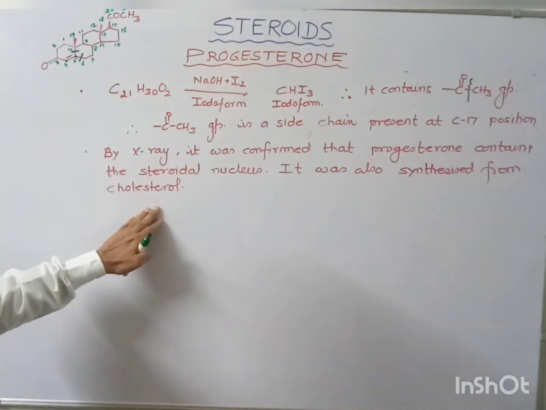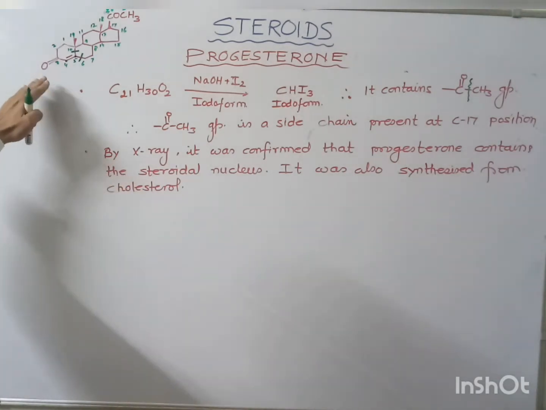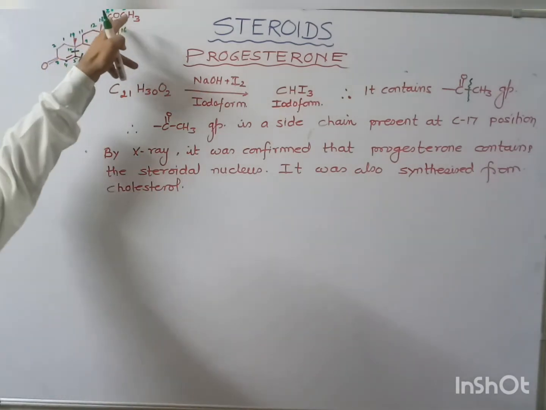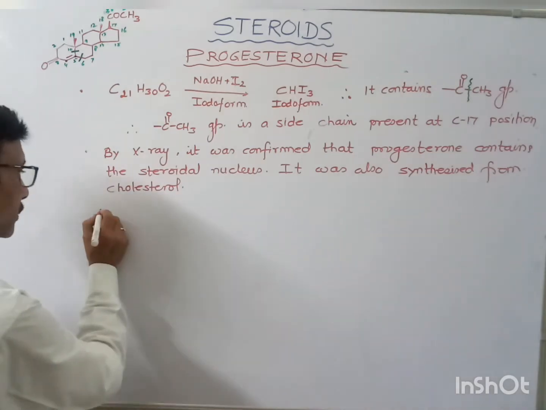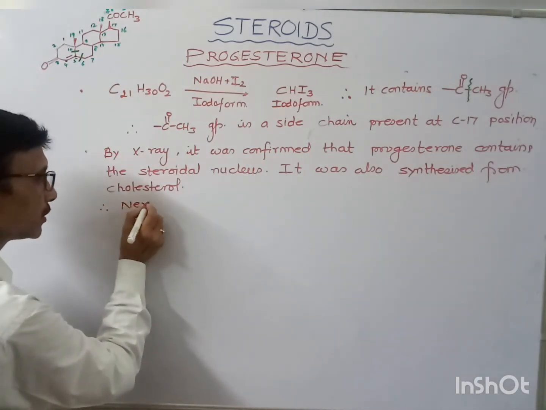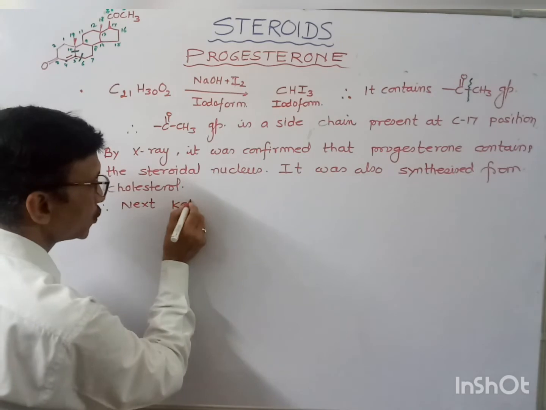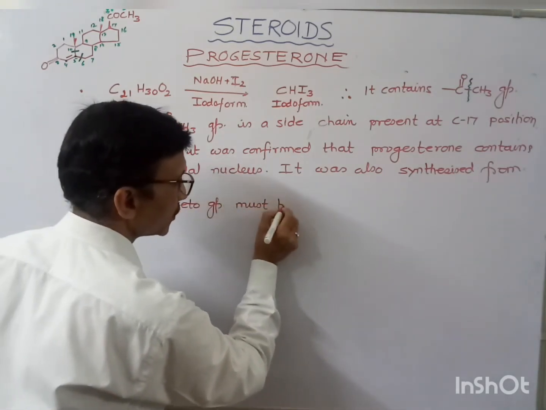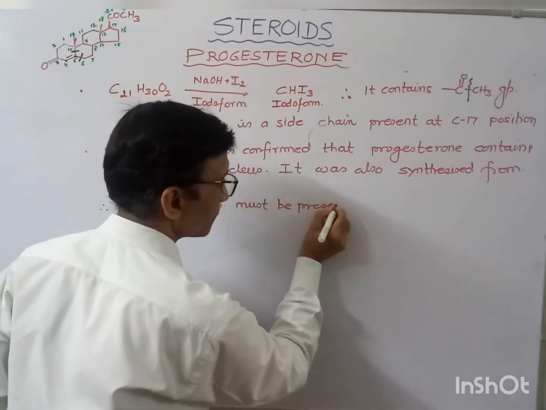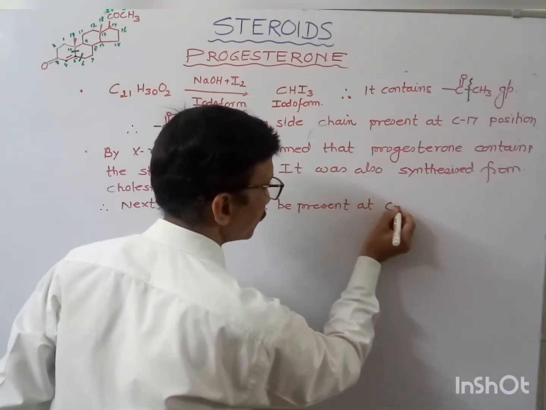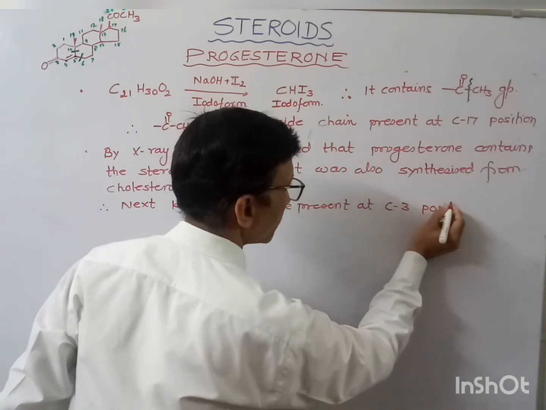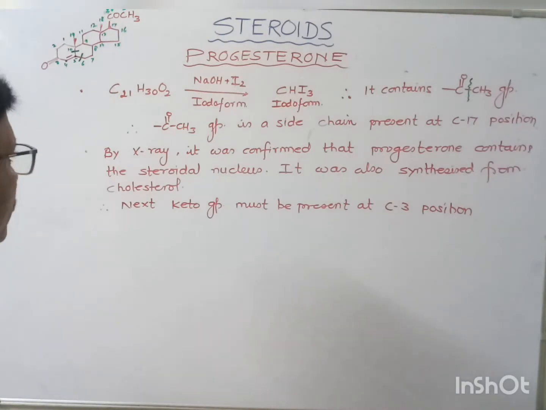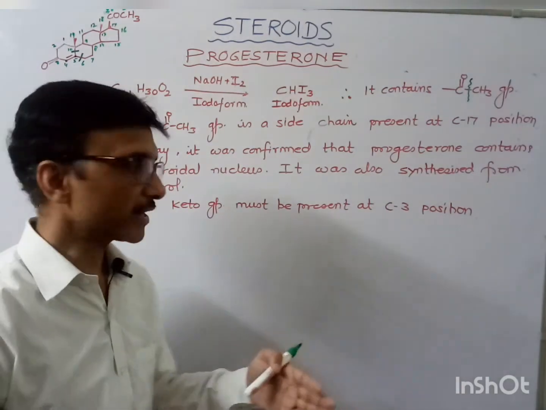This indicates that one of the keto groups is present at the 17th position. Therefore the next keto group must be present at the C3 position, and the double bond should be present at the 4th, 5th position, which is confirmed by the UV spectra.